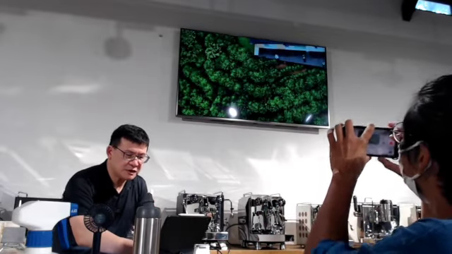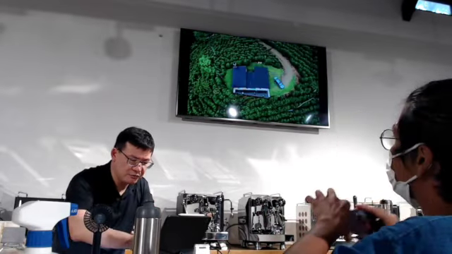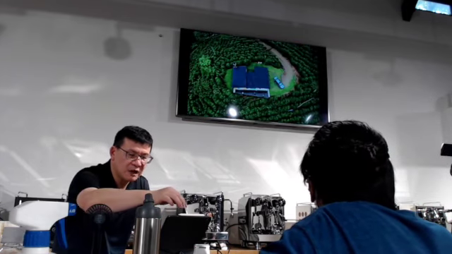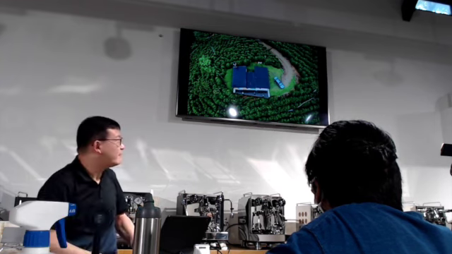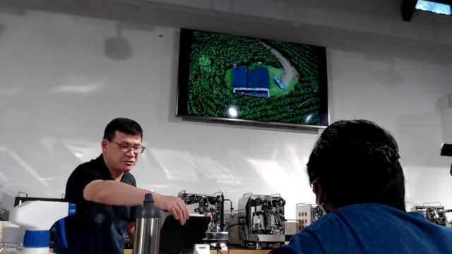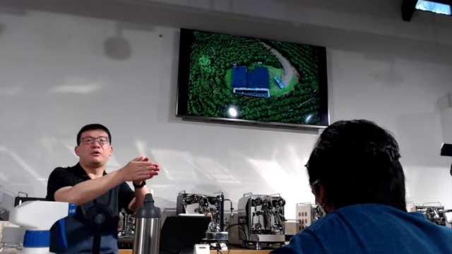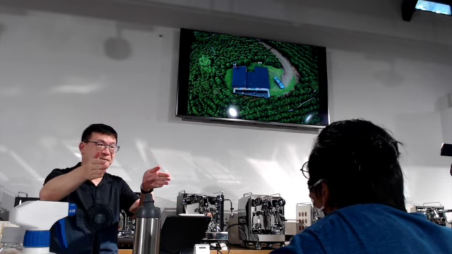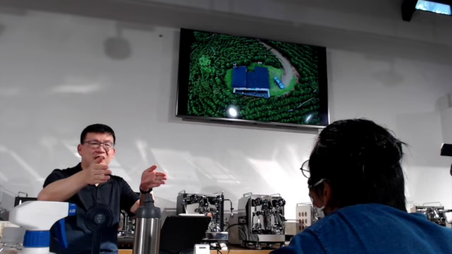Okay, so this is the farm. Don't take the photo. They plant a tree, 0.8 meter and 2.5 meters. Then they find out there's not enough sunshine.